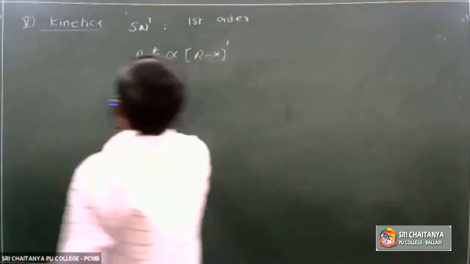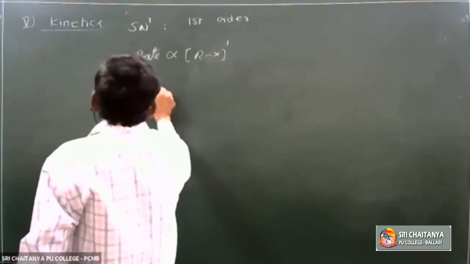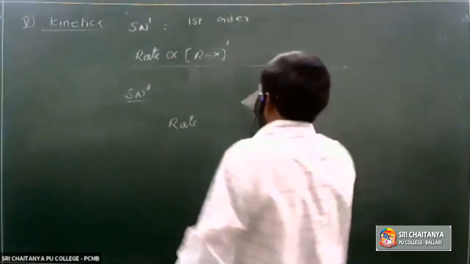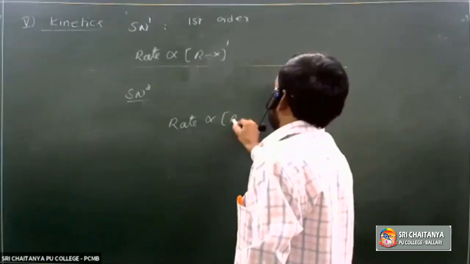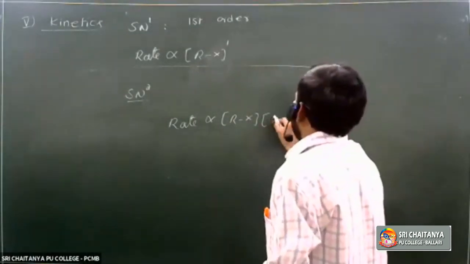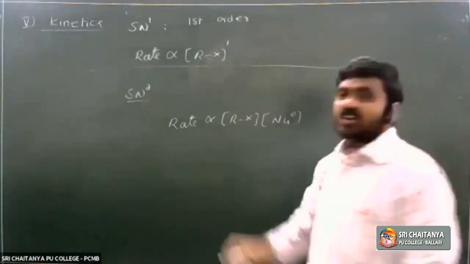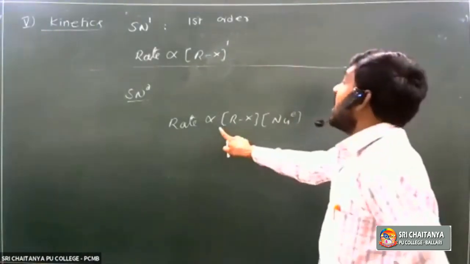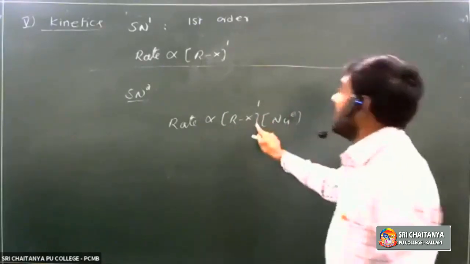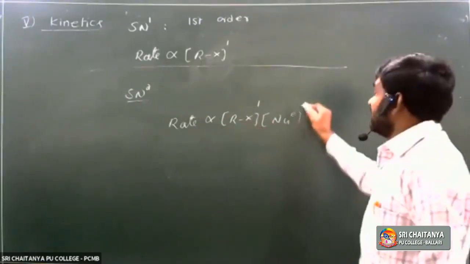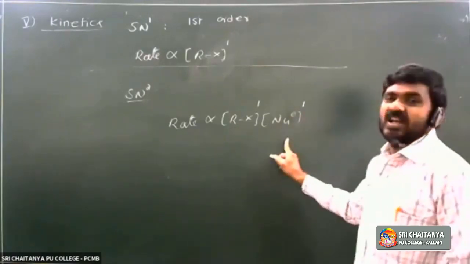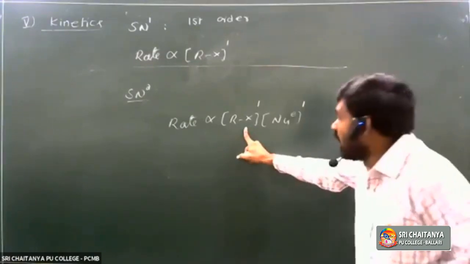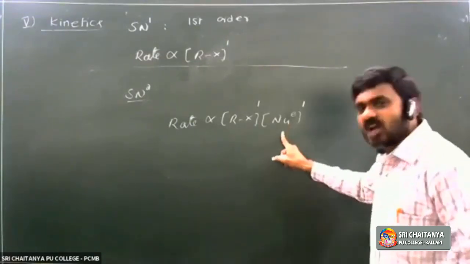Next, in case of the SN2 reaction, the rate is directly proportional to the concentration of alkyl halide and the concentration of nucleophile. Here the concentration of nucleophile is also important. The order with respect to alkyl halide is 1, and the order with respect to nucleophile is also 1.